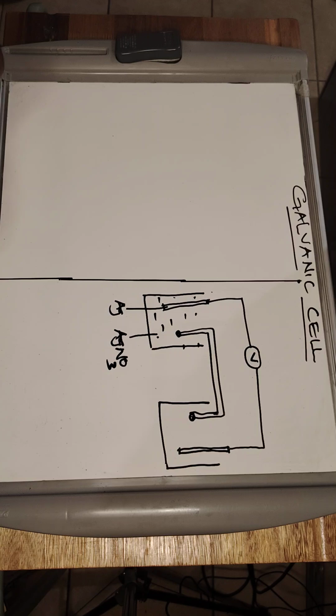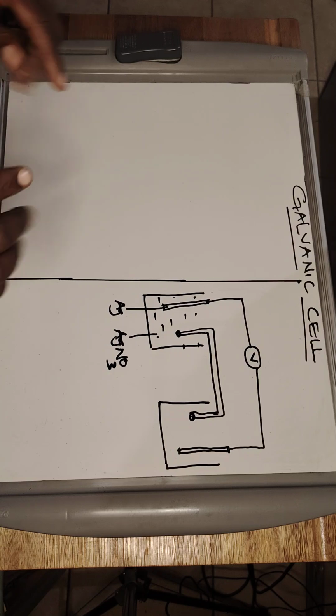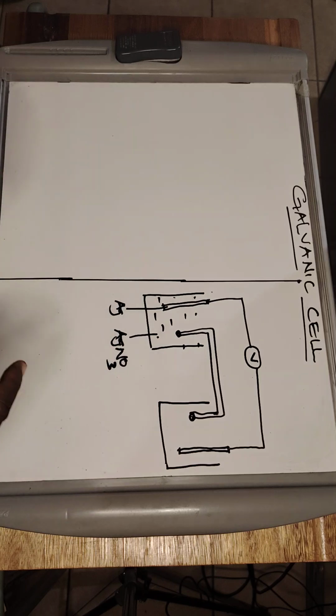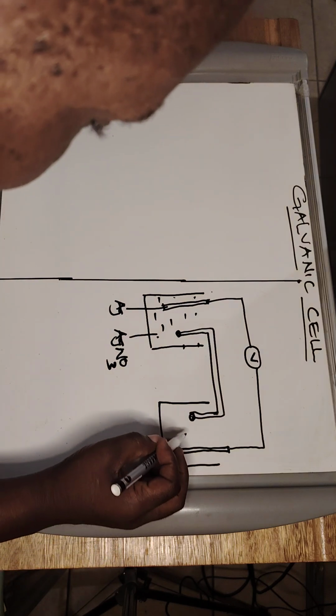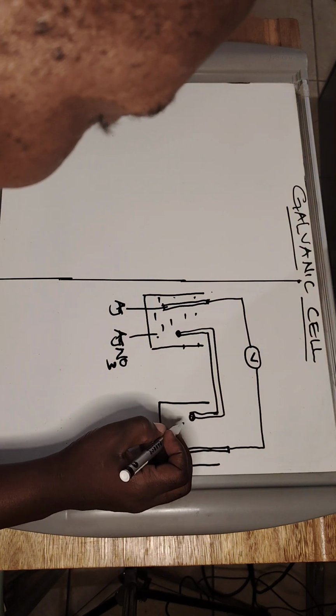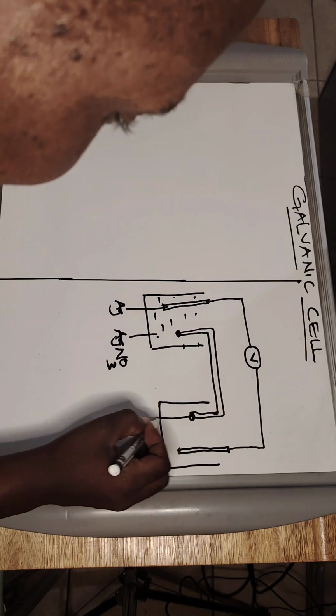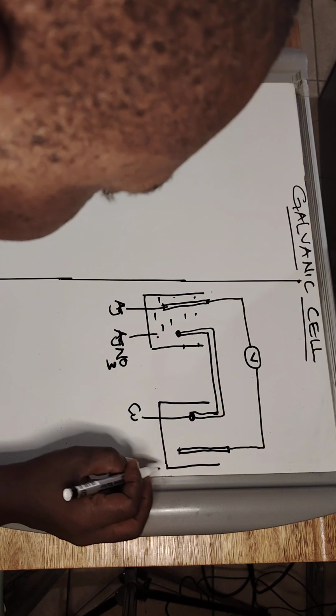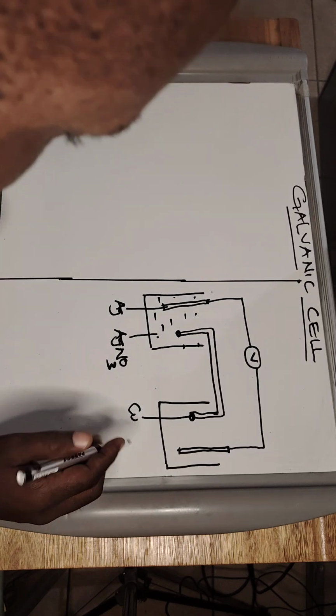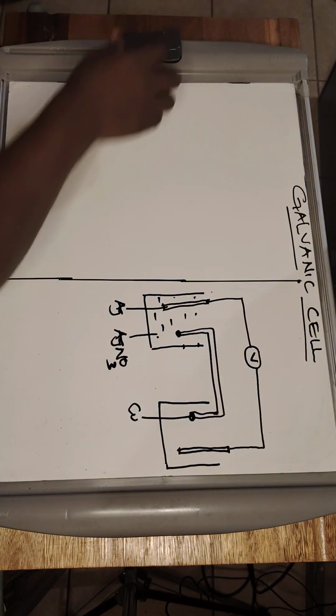We normally consider nitrates most of the time when we are not sure of the solubility of the salt, because most of the nitrates are soluble. Actually, all of them are soluble. So suppose it is coupled with copper.